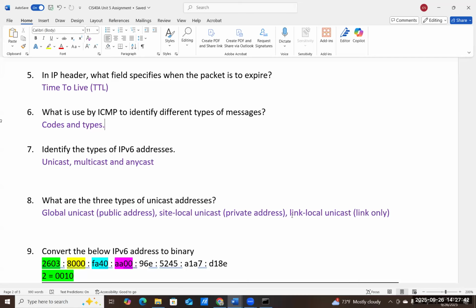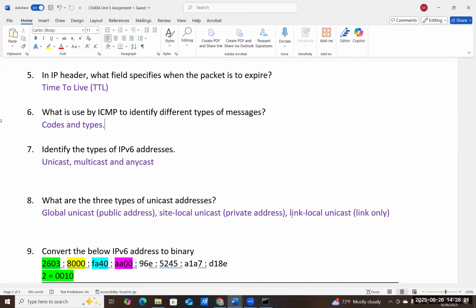If you do ipconfig, you'll see a lot of networks might have link local unicast. This is for linking only. That means they are using IP version 4 predominantly, and they might just use IPv6 only for linking purposes, right? But if you see global, think about the world, that's public. The site local, name says it all, that's LAN. And the link local, that's for linking only. It's really simple.